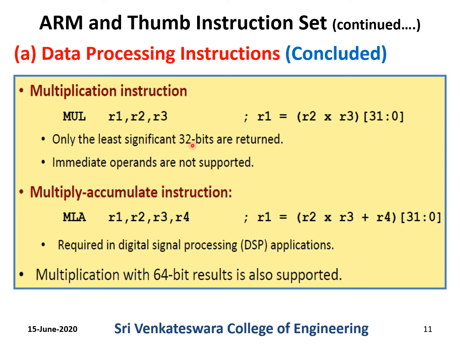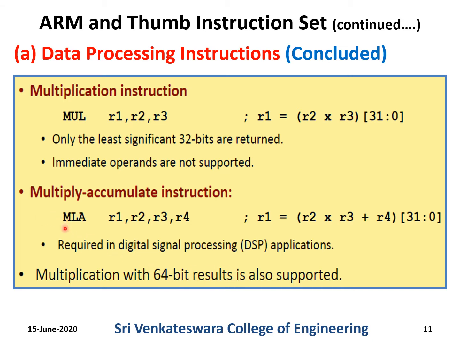So all the 64 bits are not considered as the result, only the 32 bits are returned in R1. One more thing to be noted is immediate operands are not supported in MUL instruction. There are also versions where 64-bit results are supported, but that is not discussed here.